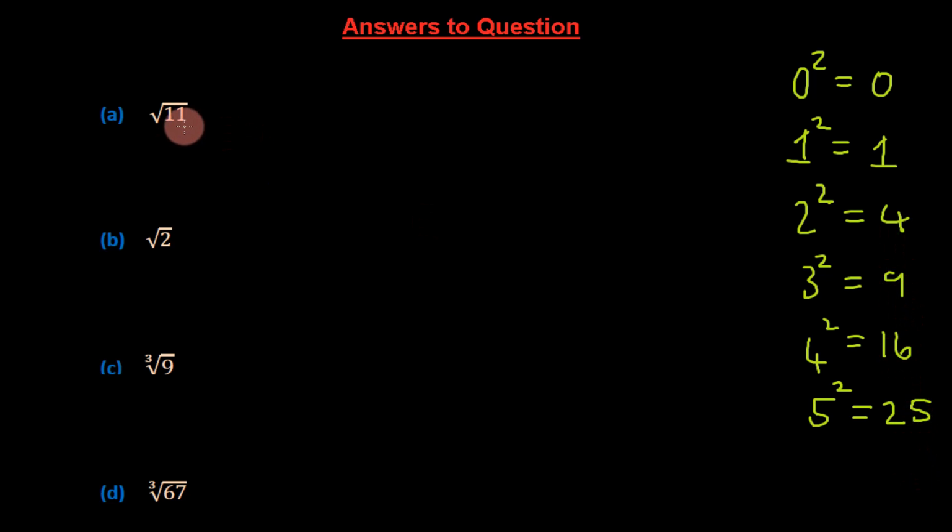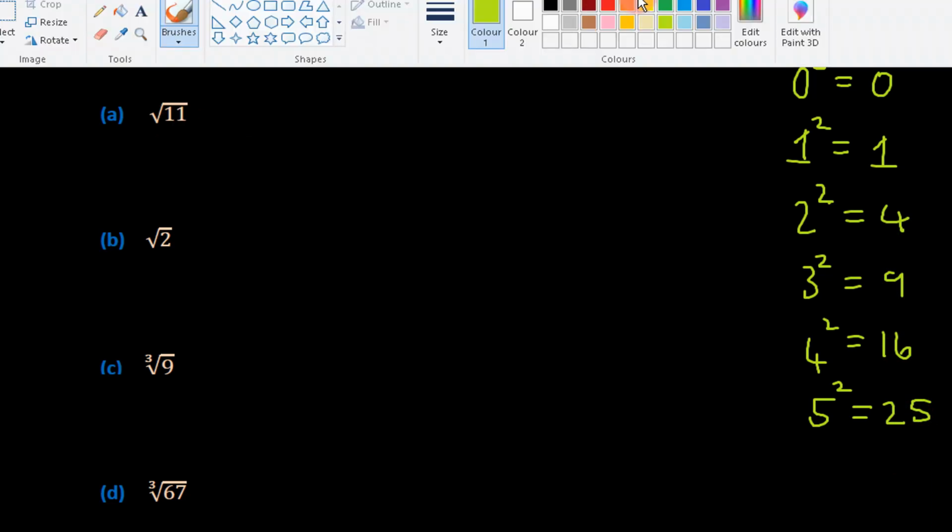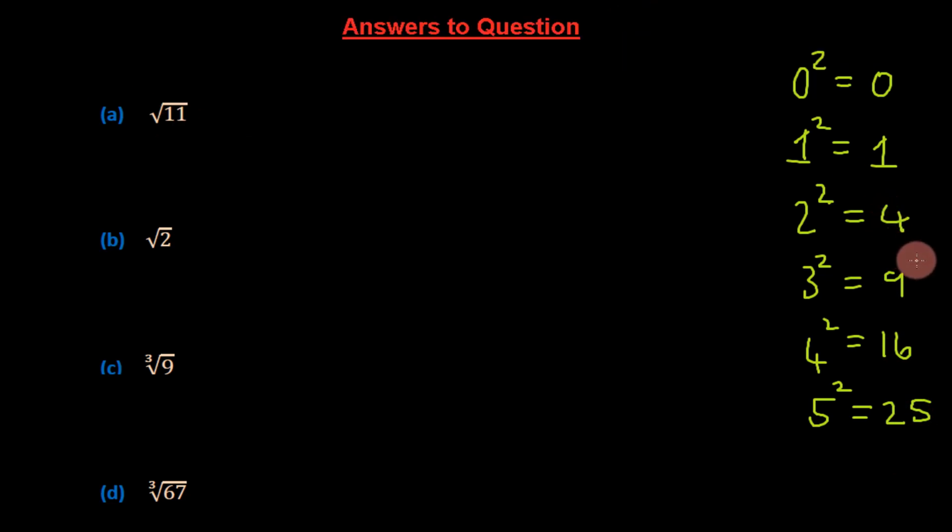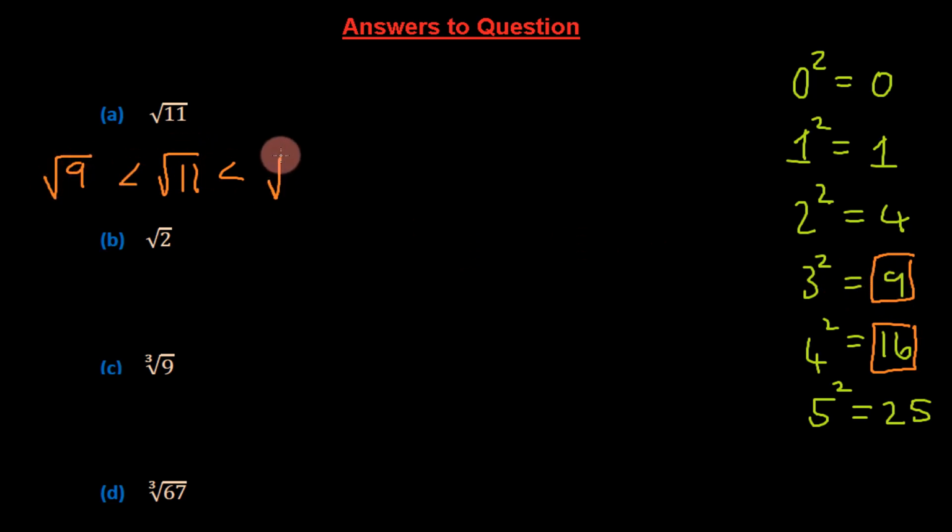The number 11 lies between the two perfect squares 9 and 16. So that means that the square root of 11 will lie between the square root of 9 and the square root of 16.